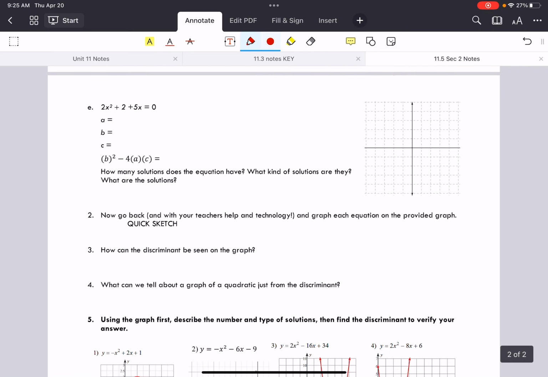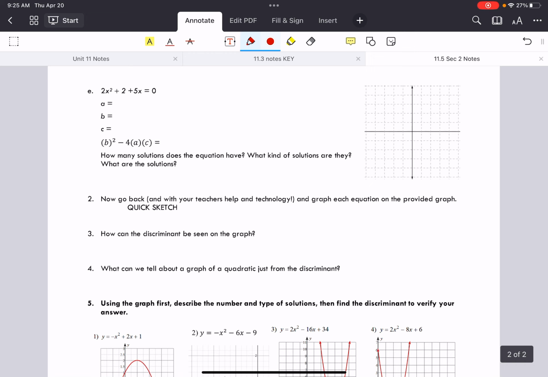So how can the discriminant be seen on the graph? Yes, the x-intercepts. And what can we tell about a graph of a quadratic just from the discriminant?